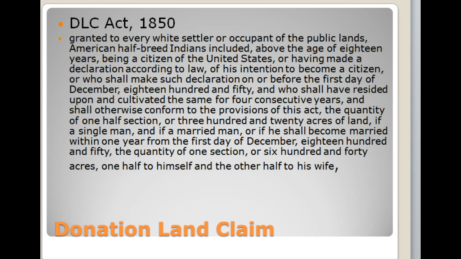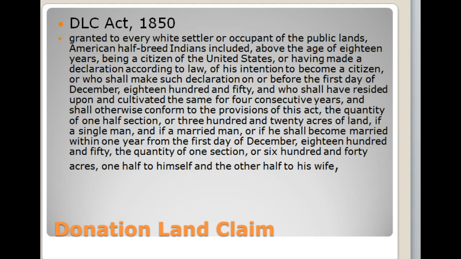In 1850, the United States offered the Donation Land Claim Act, and so that was before the surveyors actually got to Oregon, and they offered people different parcels of land depending on if they were married or not married or white or whatever. There's several pages of this act that you can find on the web.